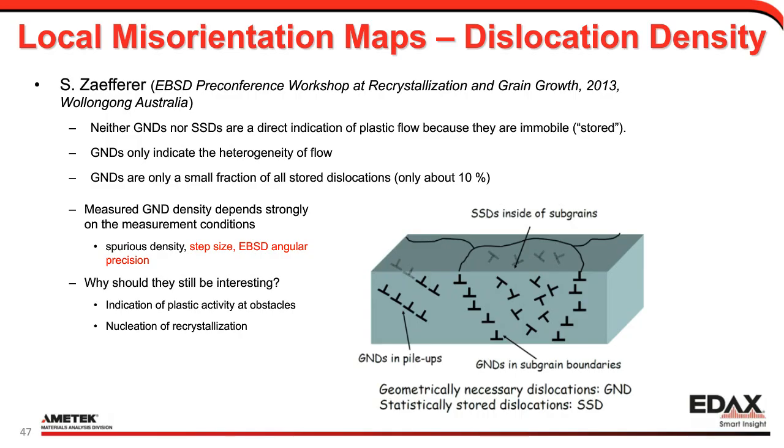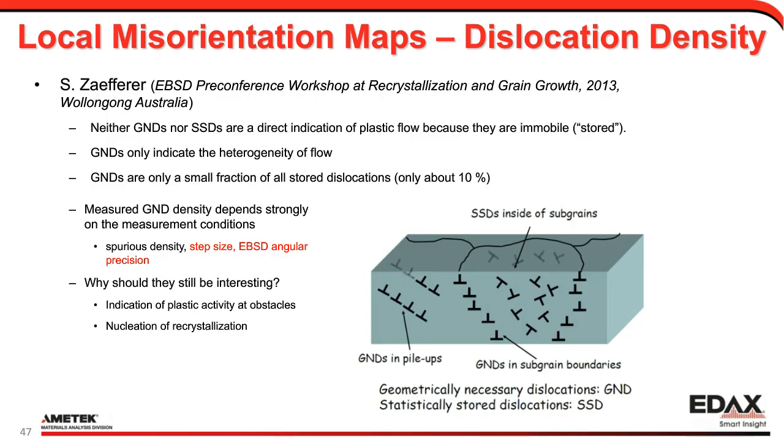And so they do indicate the heterogeneity of flow, which we certainly see. But he surmises that they are only a small fraction of stored dislocations, around 10%. Other authors have indicated different feelings about that, but it's something you should keep in the back of your head as you do this.